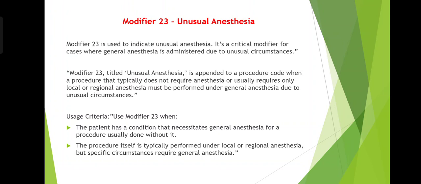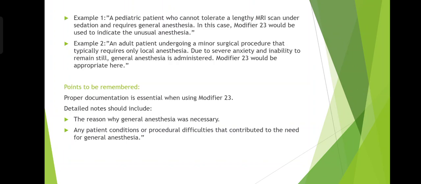So the physician decides to use general anesthesia to perform that minor procedure. In this case also we need to utilize modifier 23 with the CPT code. Let's see another example.